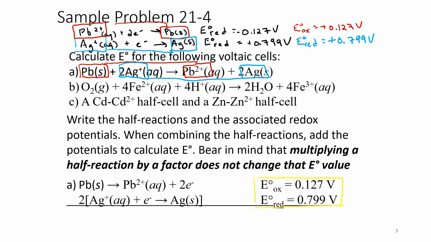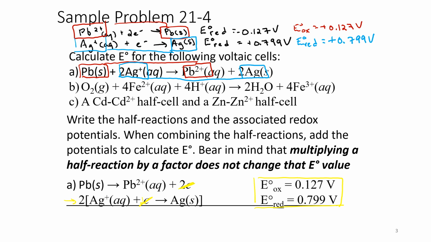All right, so we can now plug those values in down here at the bottom. So I've got those 2 equations. And notice that I've written out that my silver is actually 2 silvers plus 2 electrons forming 2 solid silvers, because we need the electrons to cancel each other out. If there were 2 electrons there, they would cancel out with those 2 electrons.